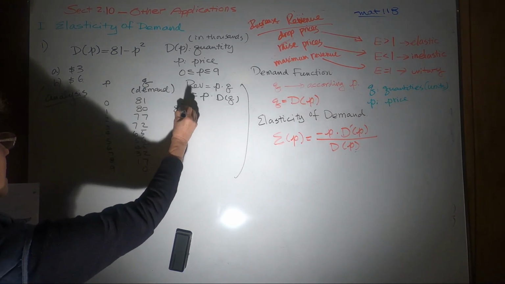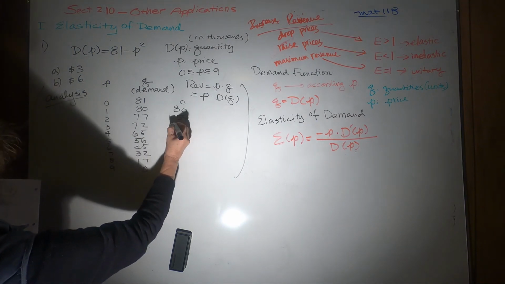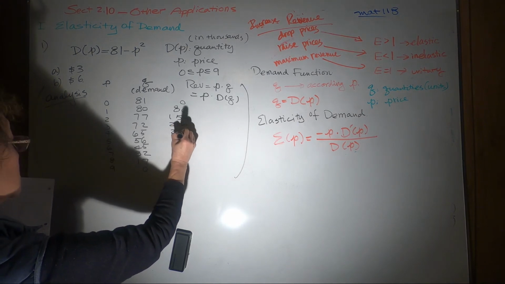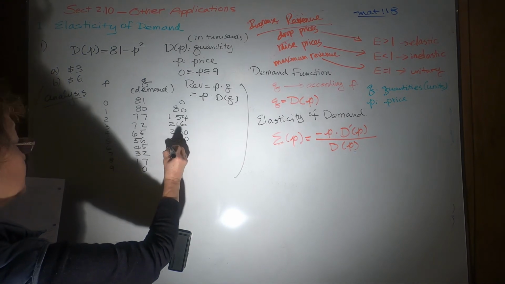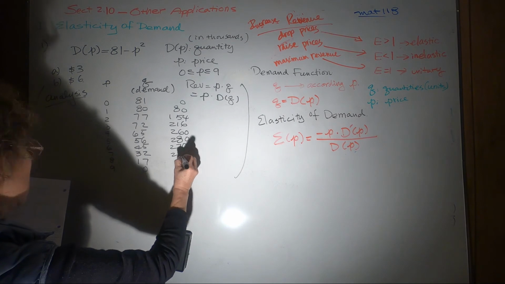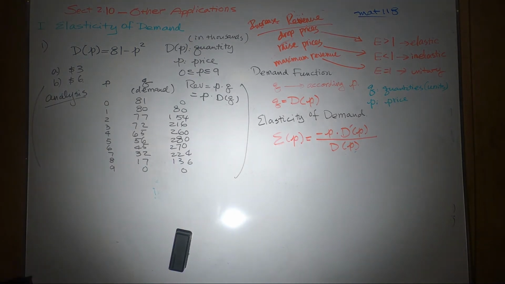So that would be 80, 154, 216, 260, 280, 270, 224, 136, and 0. So if you list all this, you start to figure out what's going on, right?